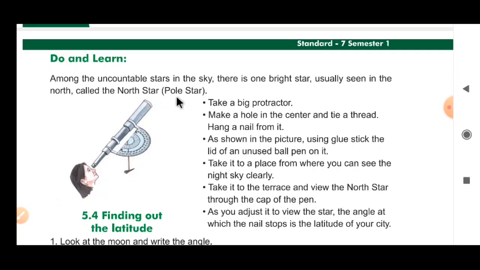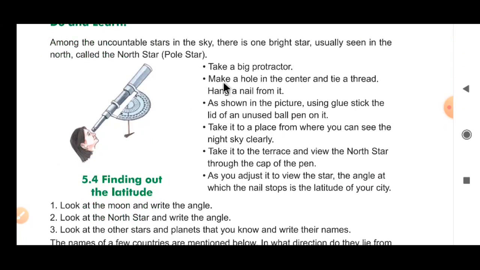For students, one other activity. For that you have to take a big protractor, make a hole in the center and tie a thread. Hang a nail from it. As shown in the picture, using a glue stick, attach the lid of an unused ball pen on it.